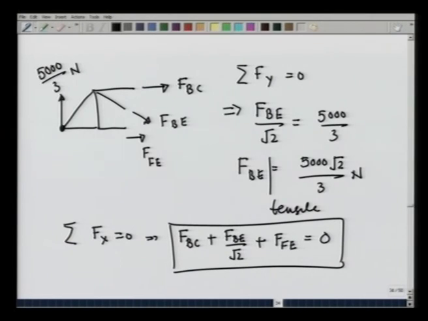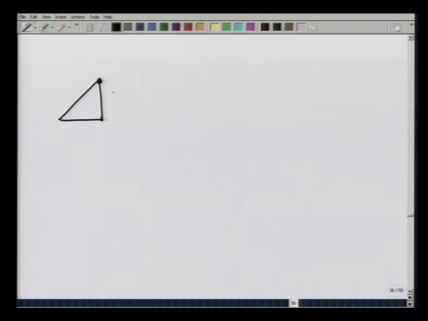If I calculate the torques about point A, there are two torques due to FBC and FBE acting on the truss, and these torques must add up to 0, and that is what will give me FBC in terms of FBE. Let us do that next. So, these are the forces which are acting: FFE, FBE, FBC, 5000 over 3 newtons.